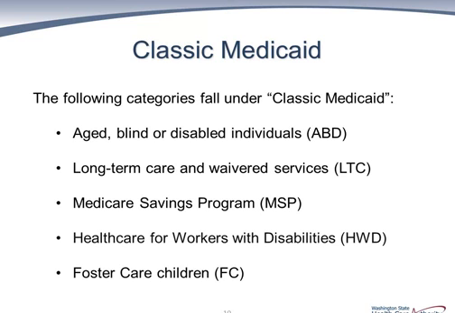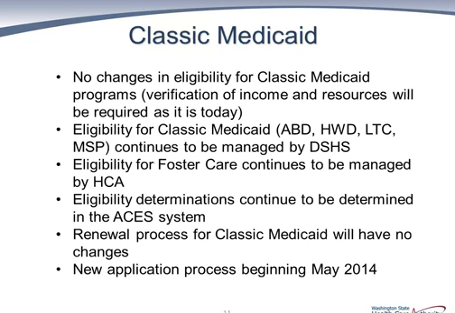We're talking about the long-term care and waiver service programs. We're talking about the Medicare Savings Program, health care for workers with disabilities, and also foster care for our children here in Washington.